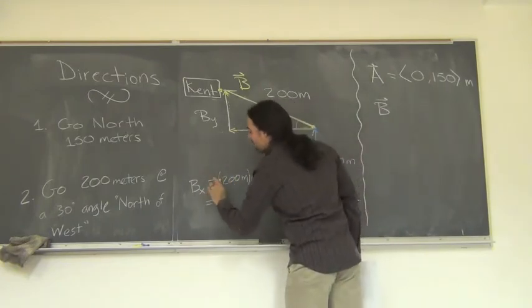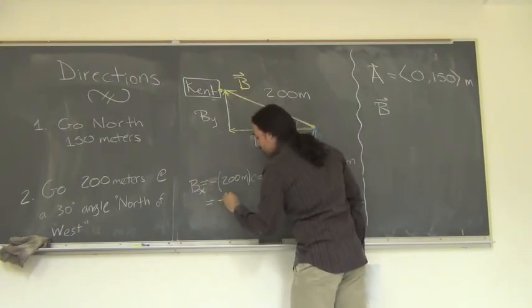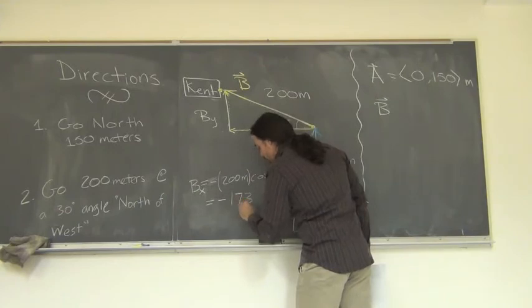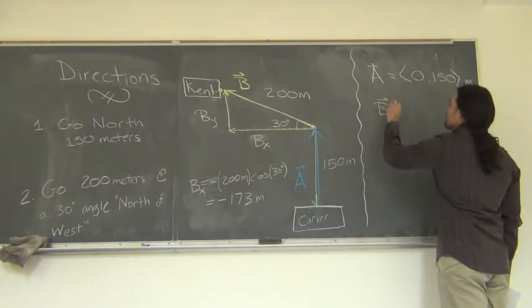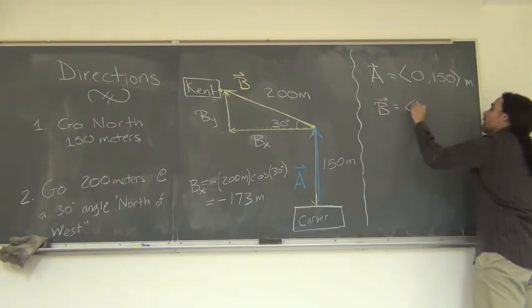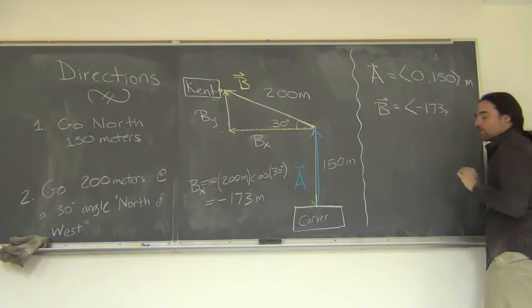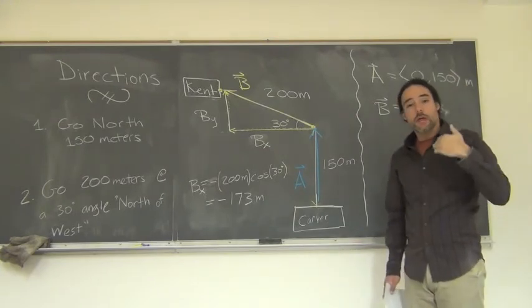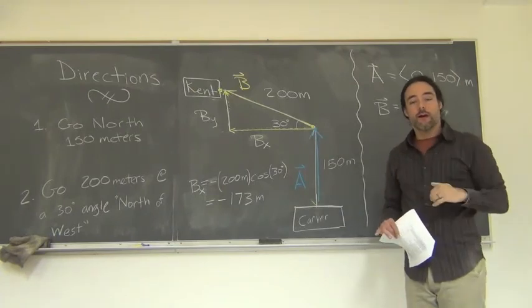I really want a negative sign here, since we're pointing in the negative direction. So this will actually give you negative 173 meters. So I'm just going to plug that in here. This is going to be negative 173 meters. I'll put the meters in at the end. So I figured out the x component of vector B.